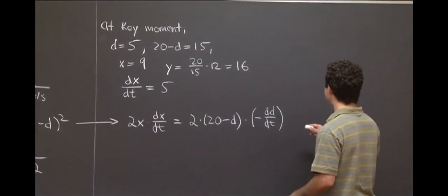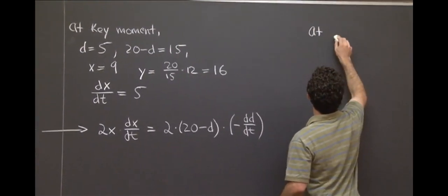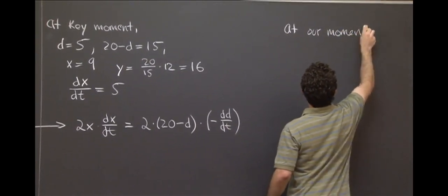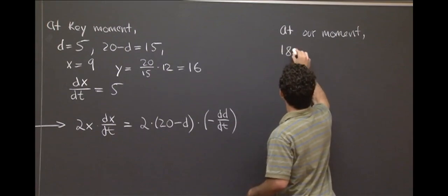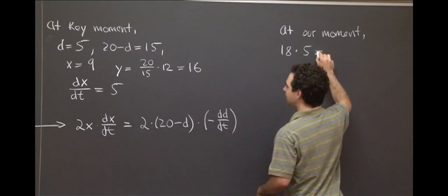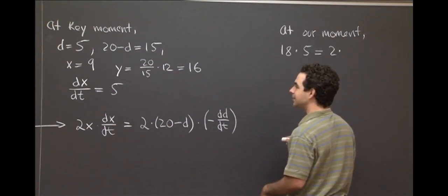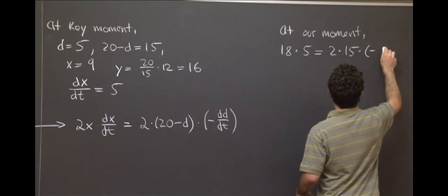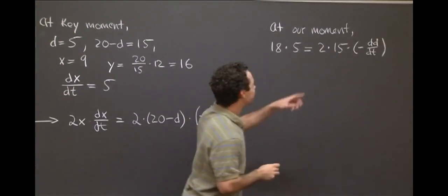At our moment, 2x is 18 times dx/dt is 5 equals 2 times (20 minus D) is 15 times minus dD/dt. And dD/dt is what we're after.